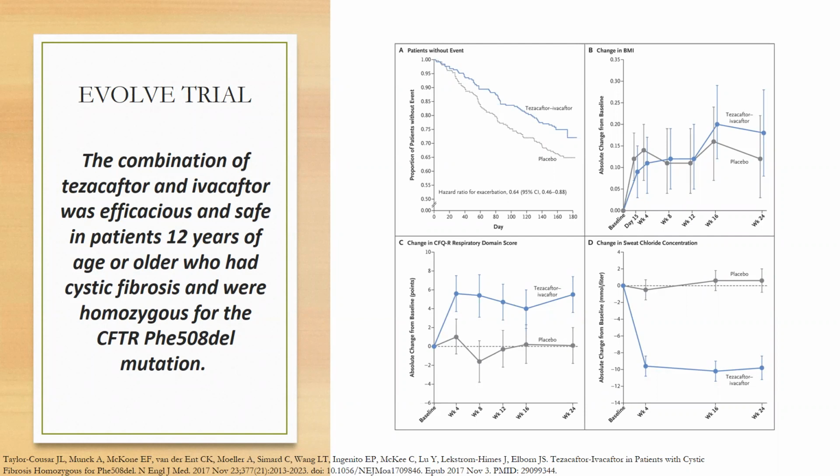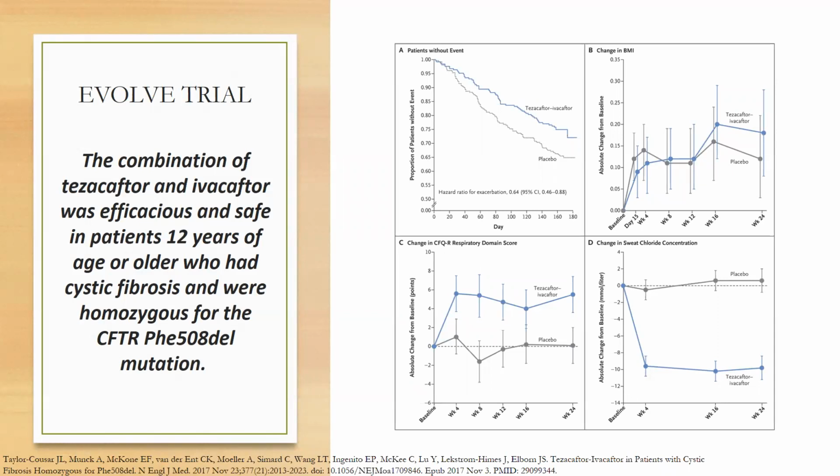This trial studied the effects of tezacaftor and ivacaftor in cystic fibrosis patients who were at least 12 years old when enrolled. They were randomly assigned to get either tezacaftor daily by itself or in combination with ivacaftor, and they compared these groups with a placebo.